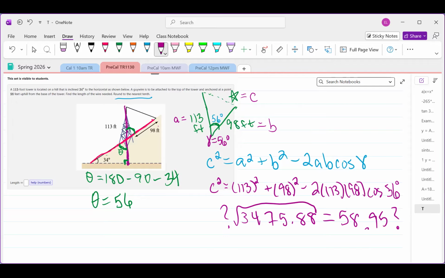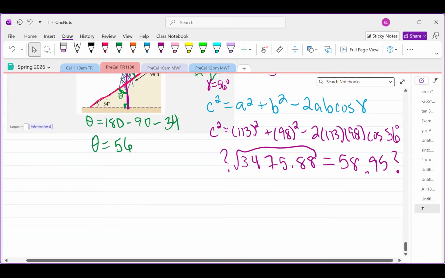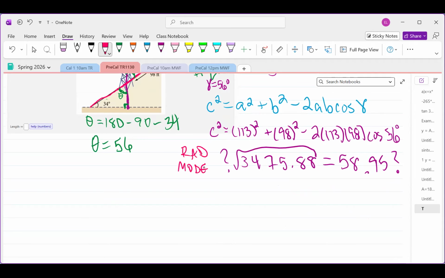But I'm going to go back to my original calculation and change it to degrees. So let me just make a note. This is rad mode. And then down here, this is our degree mode. We got 9,987.9955.